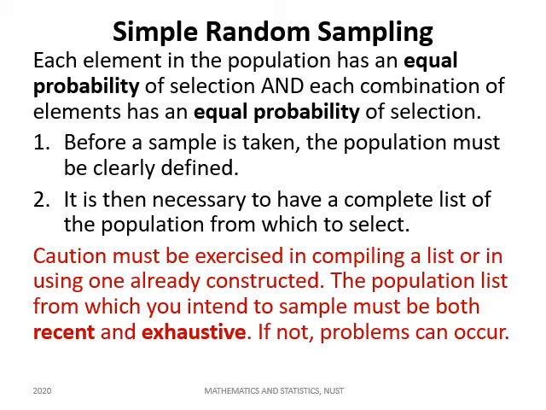And then another thing is that every sample is equally likely. Now I could pick 15 names out of those 100 from the hat. I could put them back and then say, okay, I want another sample, still 15 people. So I pick 15 people out of a hat and then I notice that this second group of 15 people is different from the first group of 15 people that I picked.